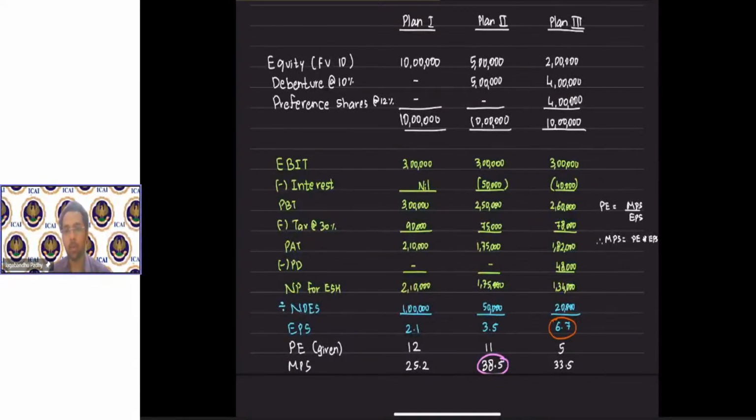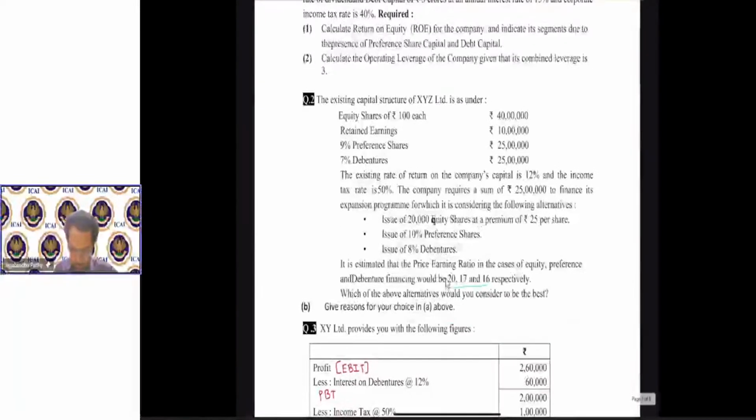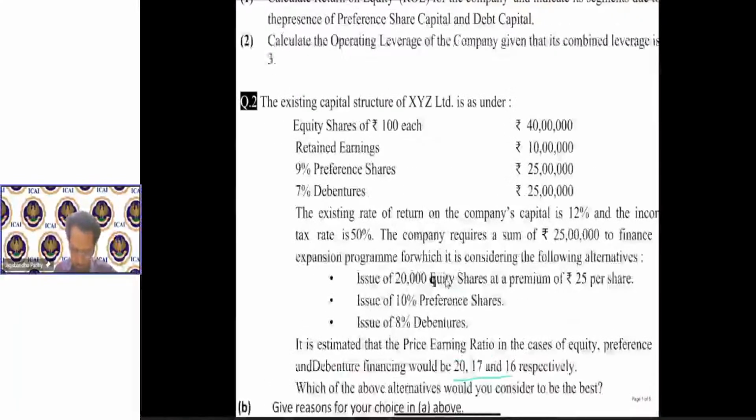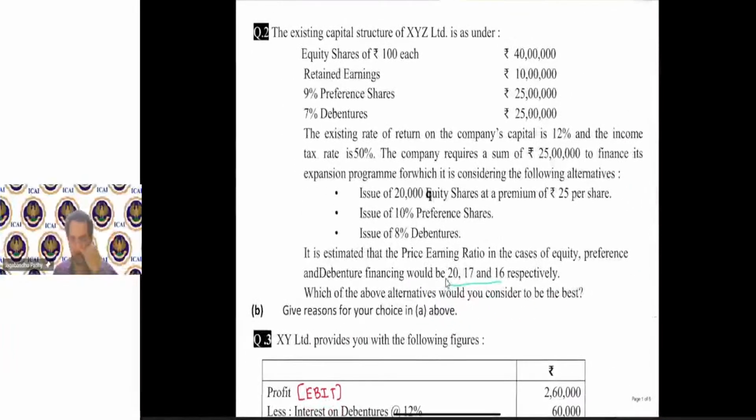Now, let's look at question number 2 from the handout which I have uploaded on the portal. You can find this question over there. Just try to look at it and we'll be solving it for our purpose.